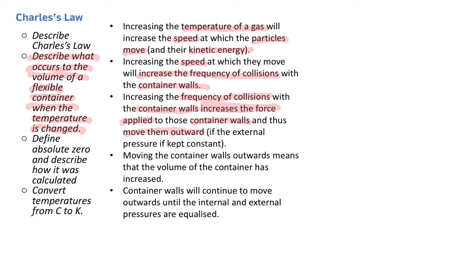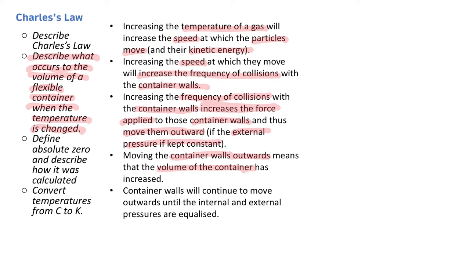So they'll push harder on the inside, pushing the walls outwards, and this is only if the external pressure is kept constant. Now that you've moved the container walls outwards, the particles have to move further to collide with a wall.